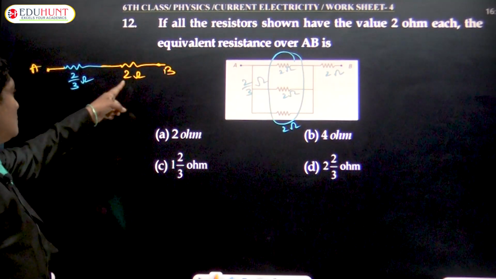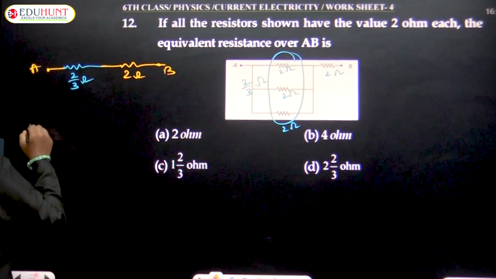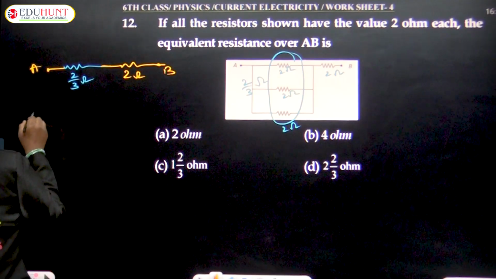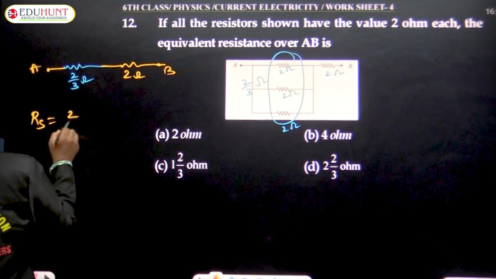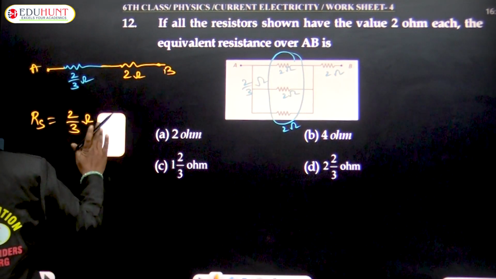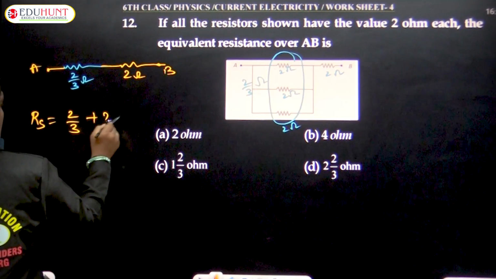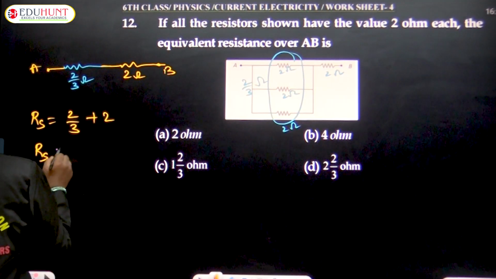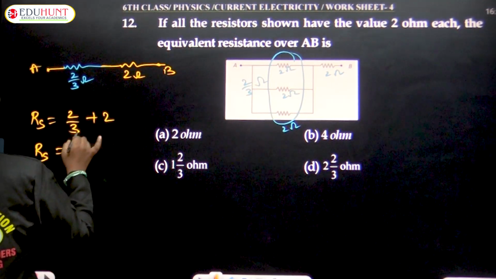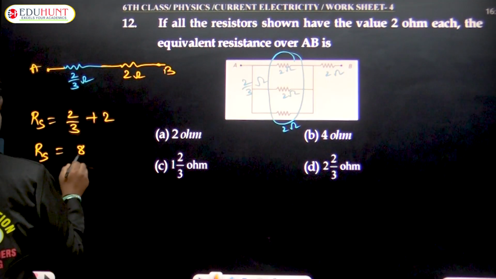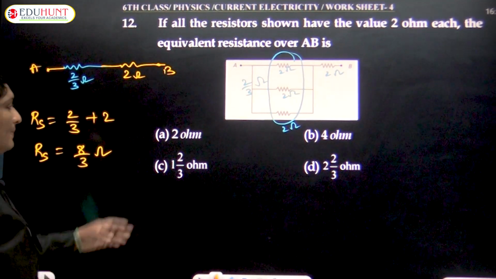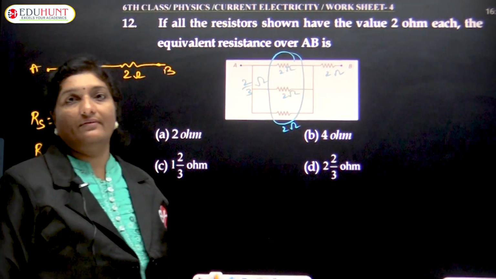So clearly these two resistors are connected in series, and hence the combined effect is the summation of this, that is 2 by 3 ohm plus 2 ohm, or with LCM 3 it can be written as 2 plus 6, which is 8 by 3 ohm. But in the options nowhere was it given as such.